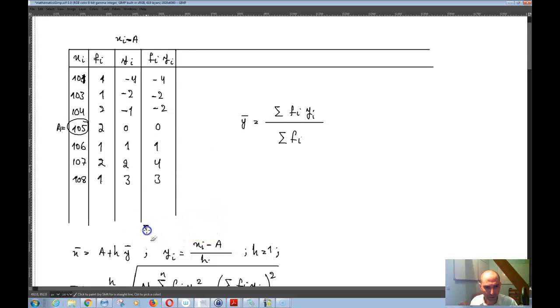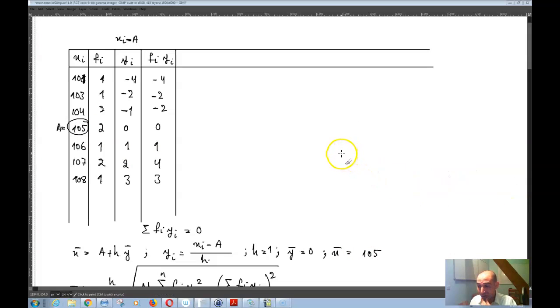So you have 8 over there, and then you have a negative 4 and negative 8 here, so that's a 0. So that's 8, and then this is negative 8, so that's a 0. That means that your y bar is equal to 0. Now if y bar is equal to 0, then x bar is equal to a, meaning that the assumed mean is actually the mean of the data. And so x bar is equal to 105. So that's my x bar.